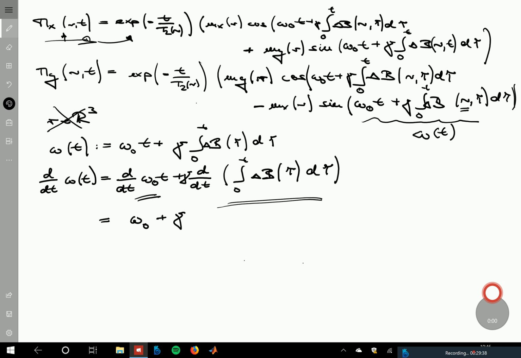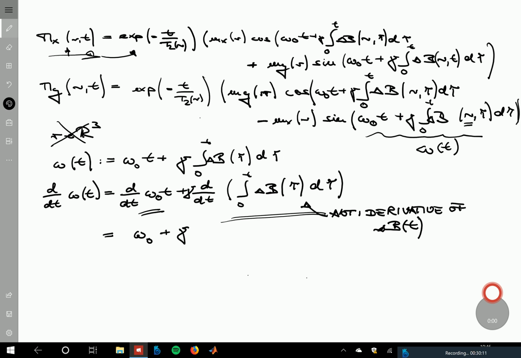So if you look at this as the antiderivative of delta bt, and you take the derivative of the Stammfunktion, the antiderivative, what do you get? Delta bt. Yeah, so you get the function itself.